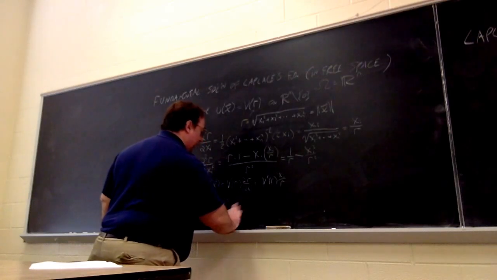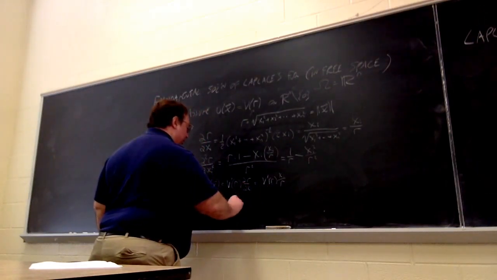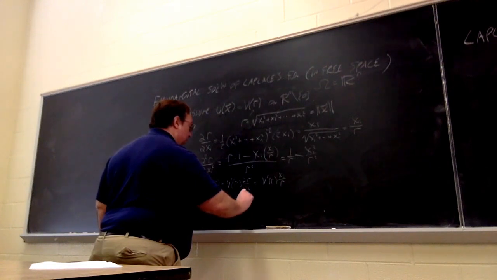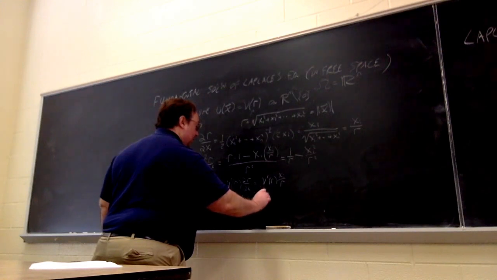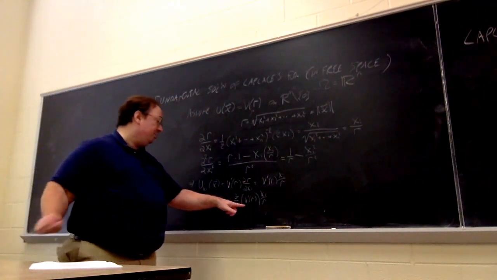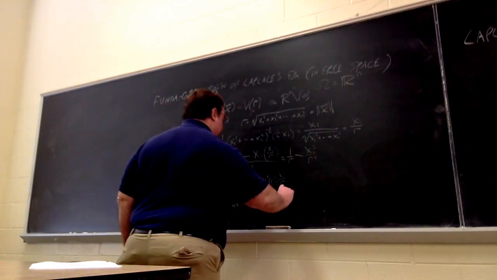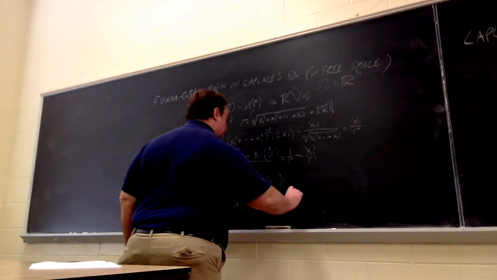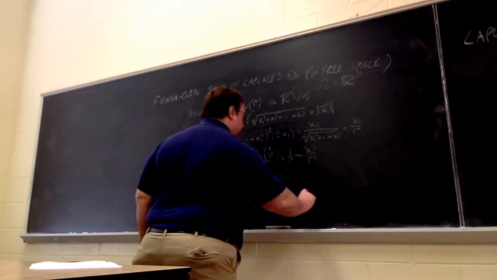I need to write an intermediate step here. Differentiating this, I'm taking derivative with respect to xi, not r. And then I still have this out here. Now when I differentiate this with respect to xi, that's the same as differentiating with respect to r times the derivative of r with respect to xi.